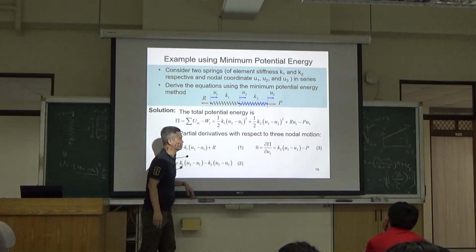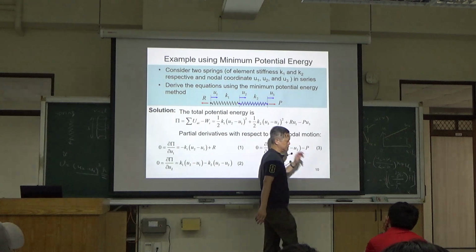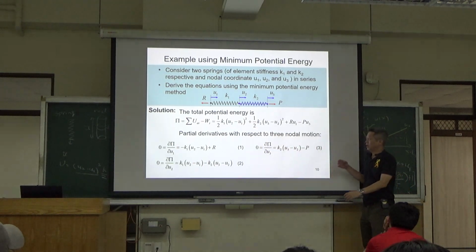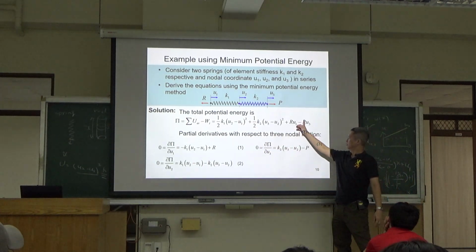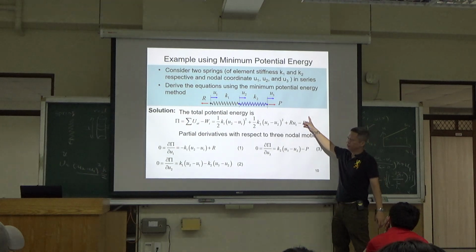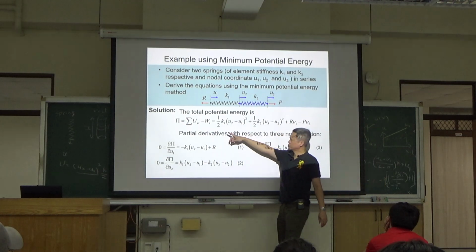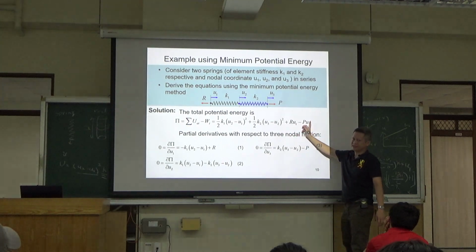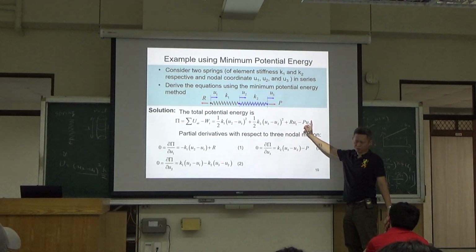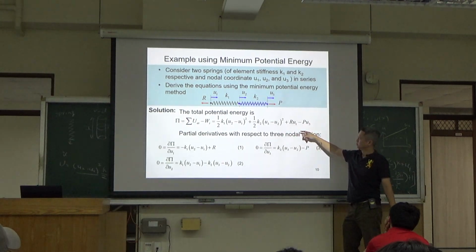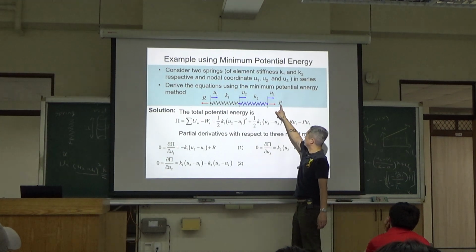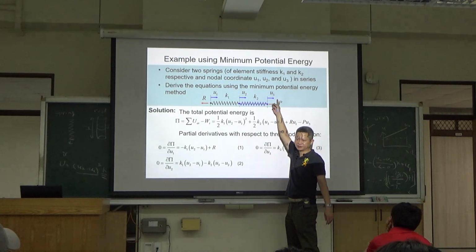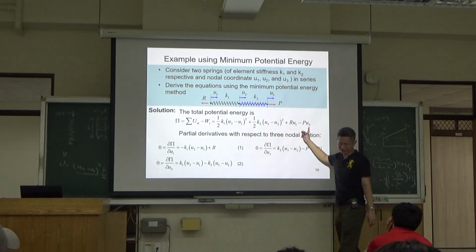But next, what about the work done by nodal force? Remember, in the expression for total potential energy, we are writing minus the positive work done. So what is the positive work done? When force is in the same direction as the displacement, it is positive.